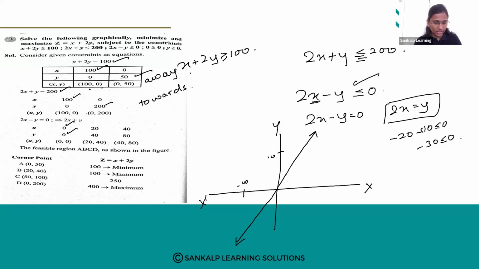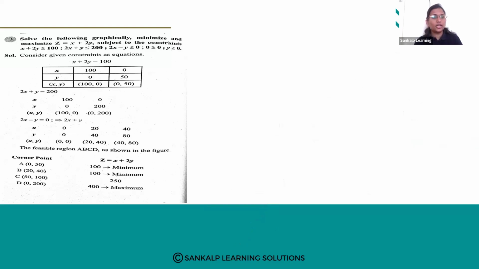Next, x and y both greater than or equal to 0. Now let us plot one by one. First line, what did we get? 100 and 50. So this is 100 and this is 50. Okay, a little here, the line should come to 50. Next point was, and where was the solution of this? This was towards the origin.